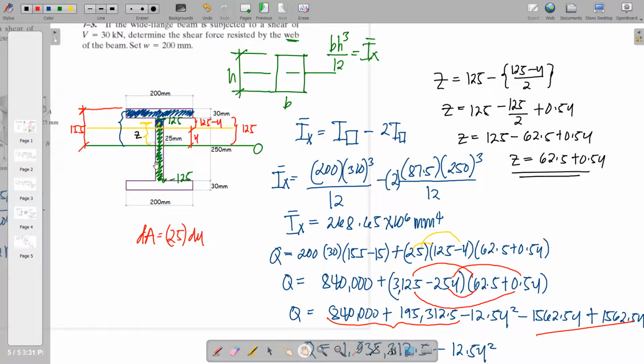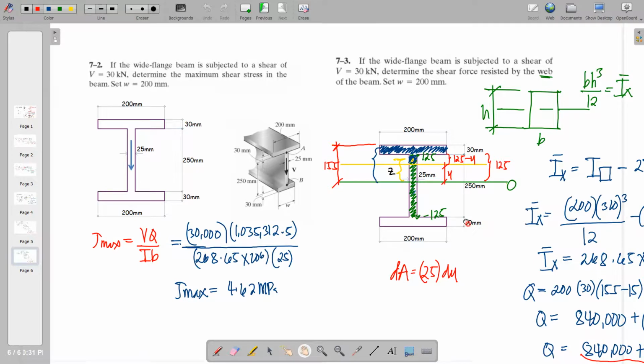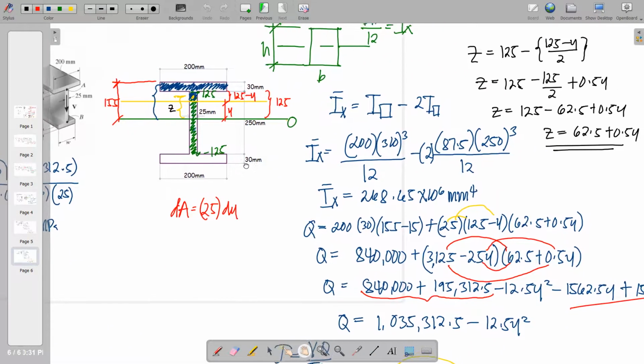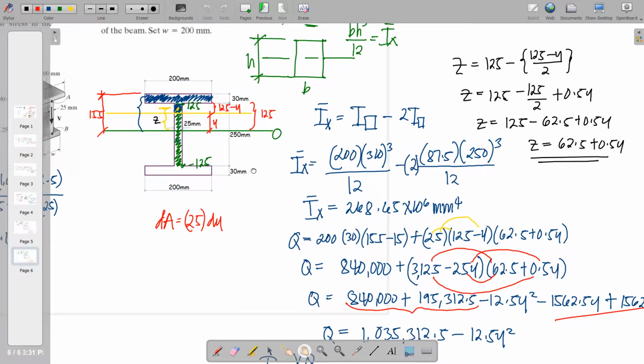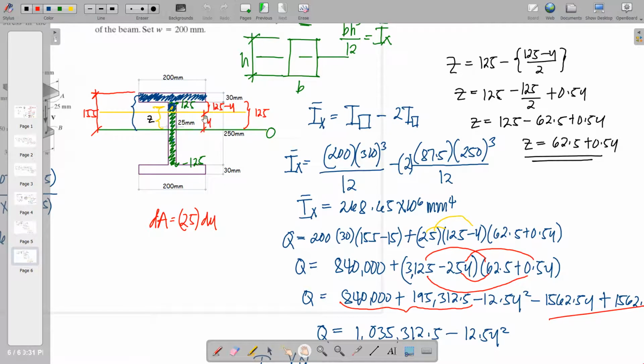Okay, so the web itself. So I'm going to present you another solution to arrive at the same result, wherein my y here will extend to the flange. So let us do that.